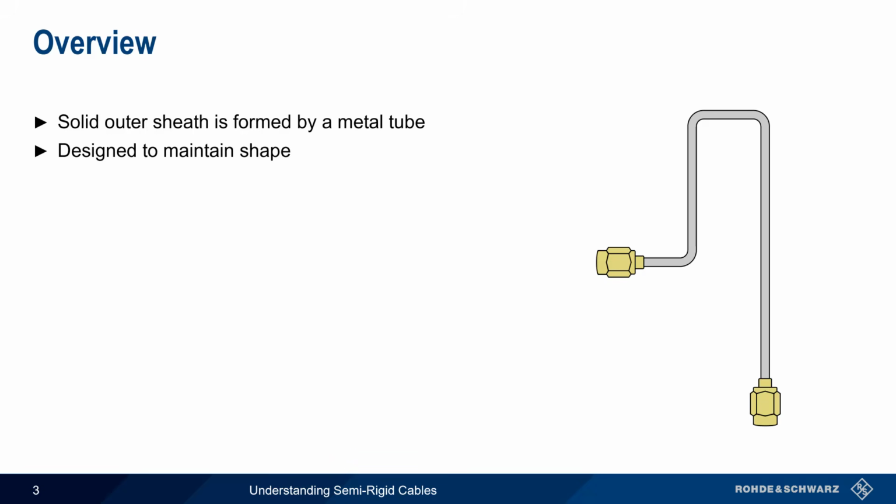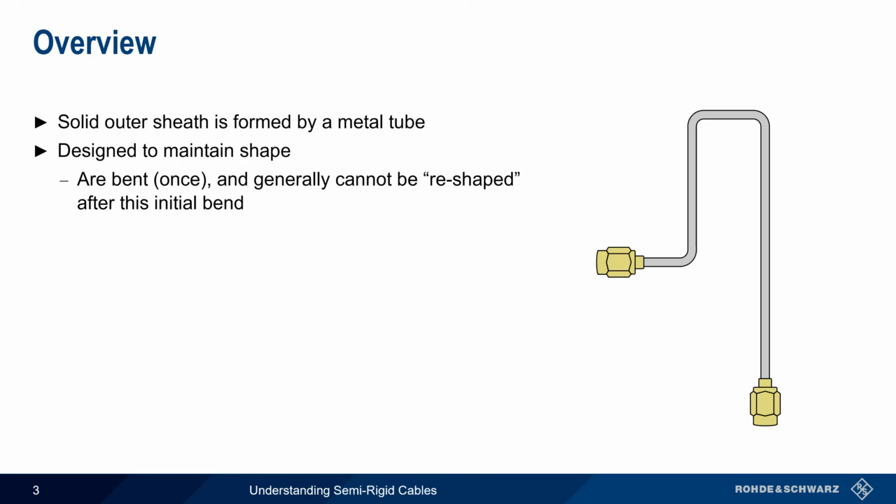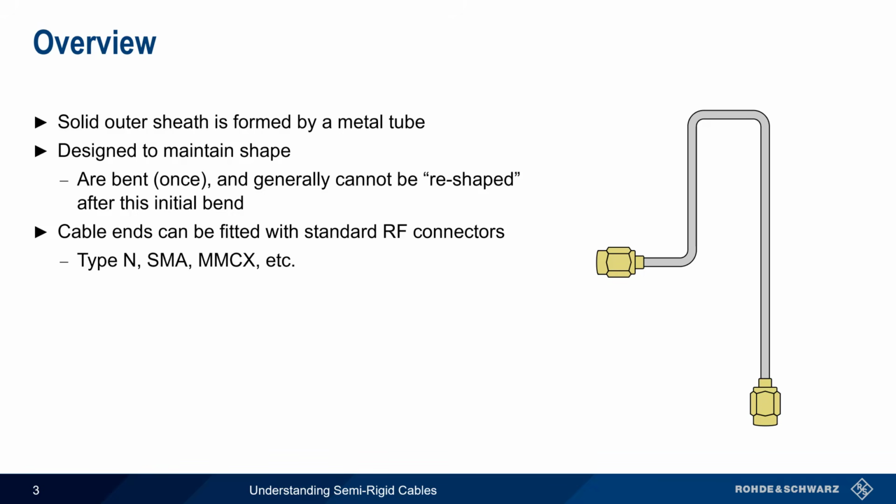Because of this, semi-rigid cables maintain their shape. They are bent or formed during manufacture, and generally cannot be reshaped after this initial bend. The ends of a semi-rigid cable are normally fitted with standard RF connectors, such as type N, SMA, etc.